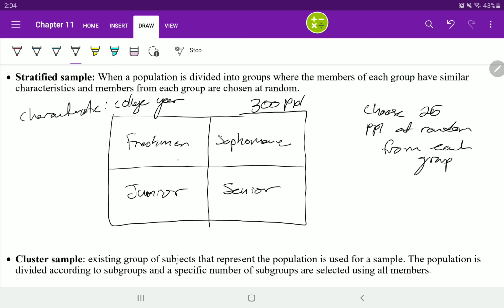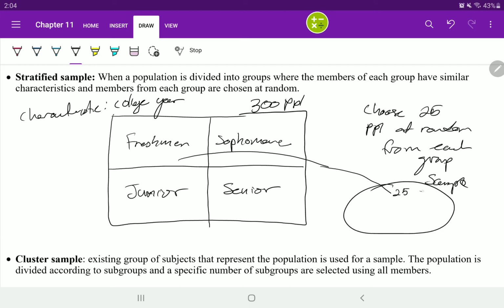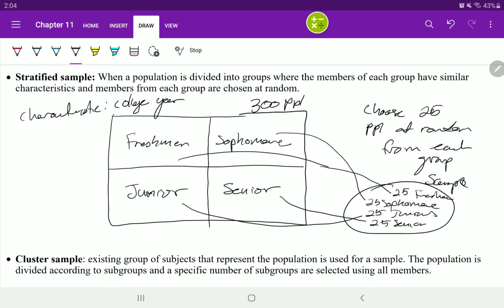That means for my sample, I'm picking 25 freshmen, 25 sophomores, 25 juniors, and 25 seniors. And that's my sample. Divided based on a characteristic, then 25 selected at random from each of those groups.